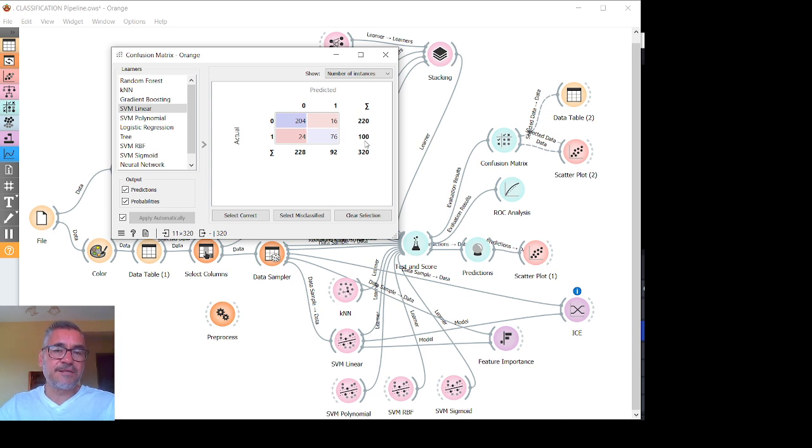And out of the 100 people that did not pay, we identified correctly 76 of the 100 non-payers, and we misclassified 24 of them. We identified them as good customers.